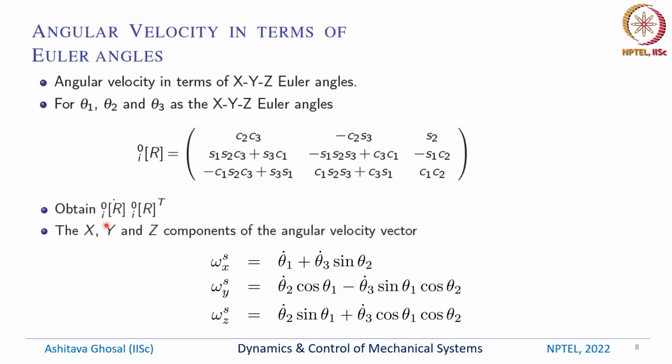Then you multiply by R transpose, and you will get a skew-symmetric matrix, and you take out those terms which are the x component, y component and z component. So this is the way to obtain the angular velocity vector if you are given the x, y, z Euler angles, meaning theta 1, theta 2 and theta 3, which are rotations about the x, y and z axes.